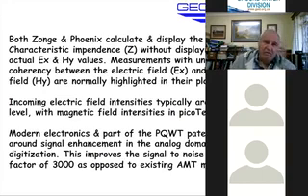Right. Zonge and Phoenix calculated and displayed. Zonge and Phoenix are the two major manufacturers of AMT equipment. All right. There are quite a few others, but by far they are the largest manufacturers. And they actually display the characteristic impedance without displaying the actual E and H. So they take EX and HY, they take the ratio of that, and measurements with unacceptable coherency between the magnetic field and electric field are normally highlighted in their plots.